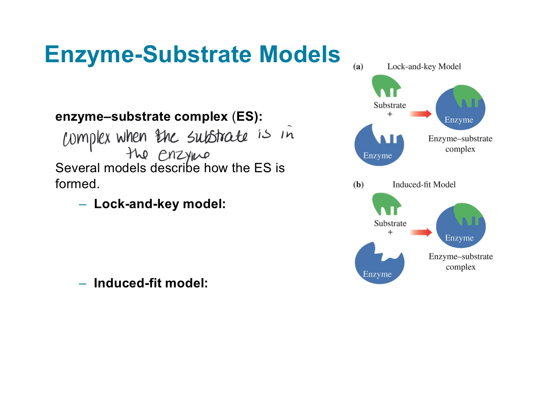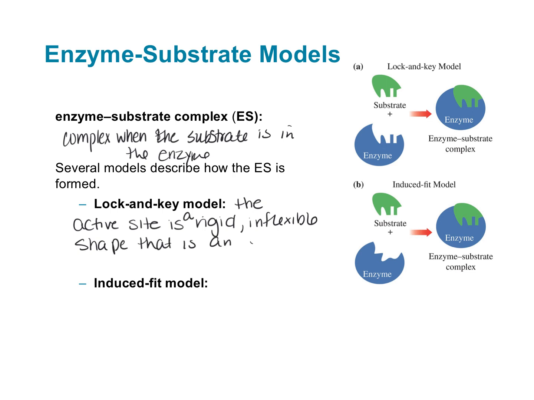There are a lot of different models to describe how the enzyme substrate complex forms. One is the lock and key model, and basically with this model, the active site is a rigid, inflexible shape that is an exact complement to the substrate.